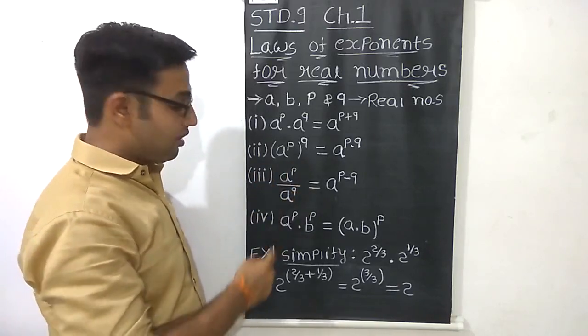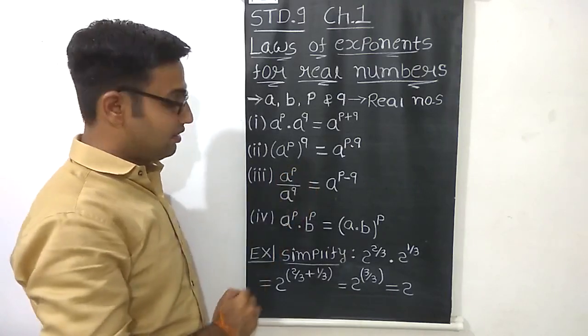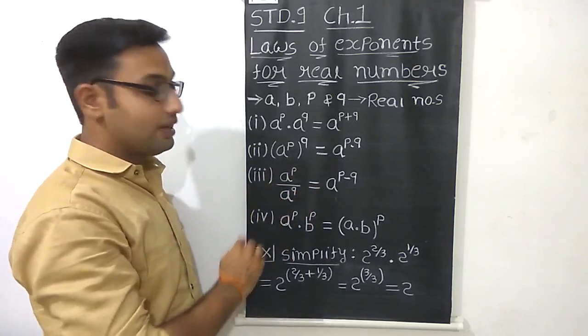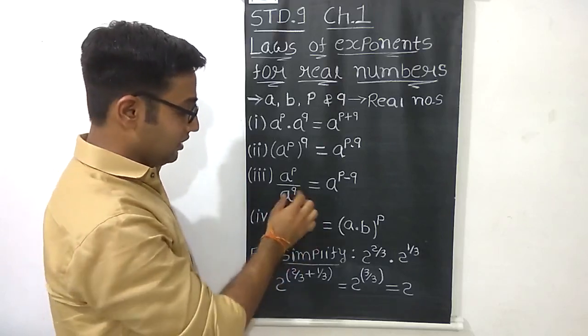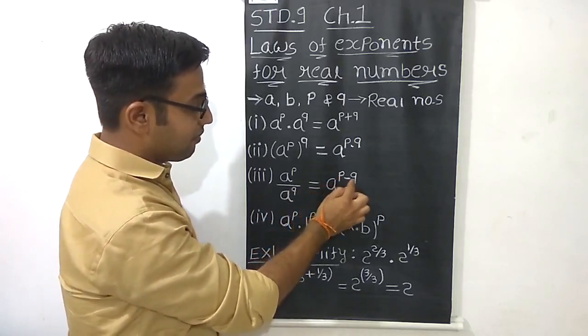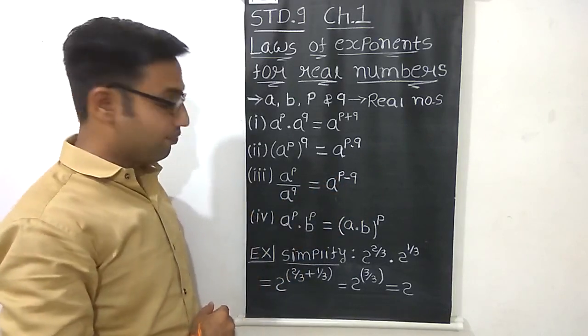Here also the base is the same and the power is different, but one is in the numerator and the other in the denominator, that is, in division. That is why we can write it as the base raised to power p minus q. So this is the third law.